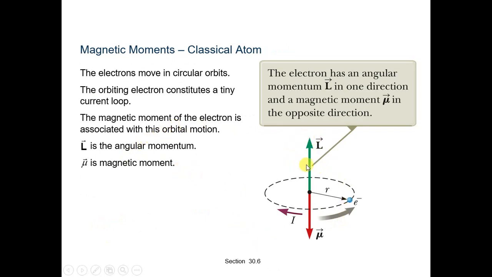See, this is the angular momentum L, and this is the magnetic moment mu. L and mu are in opposite directions. The electron has angular momentum L in one direction and the magnetic moment in the opposite direction.